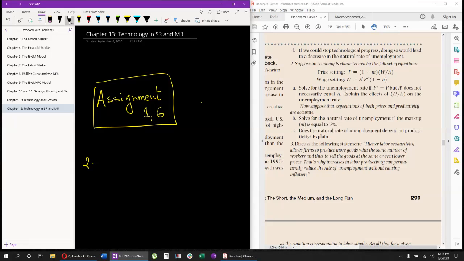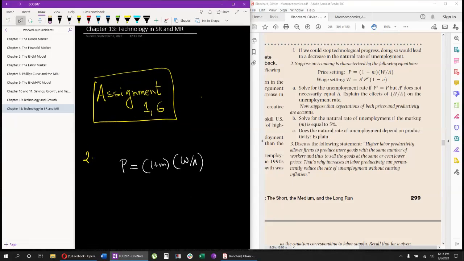We have the price setting relation, which is price equals to 1 plus m times w divided by a. So this is the equation that we had first seen in chapter 7, and we've modified it in this chapter by introducing the productivity coefficient, which is a.